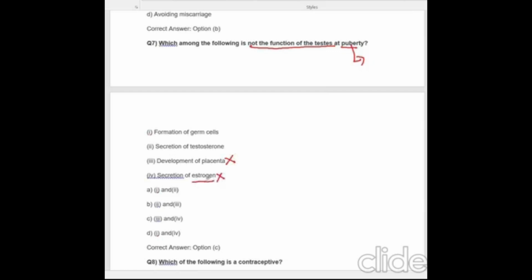Progesterone and estrogen are female hormones. Placenta is formed after fertilization, when the egg is attached to the uterine wall. So formation of germ cells and secretion of testosterone are for the testis. So option C, third and fourth, is not the function of testis.